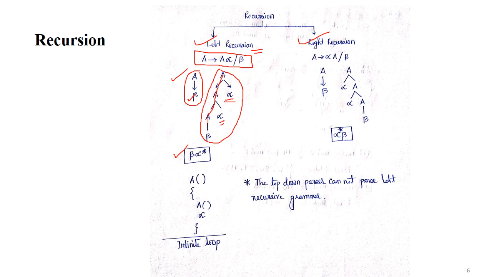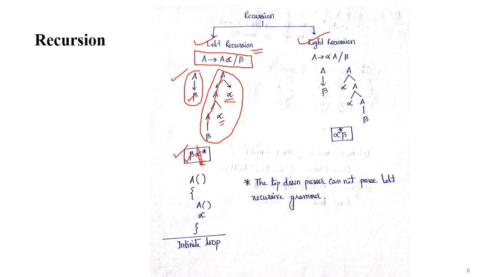If I place epsilon in this alpha, that means this alpha will be finished here, and this is my minimal terminal string. This type of production, or this type of parse tree, is called a left recursive parse tree, because on the left side only we are replacing our non-terminals.